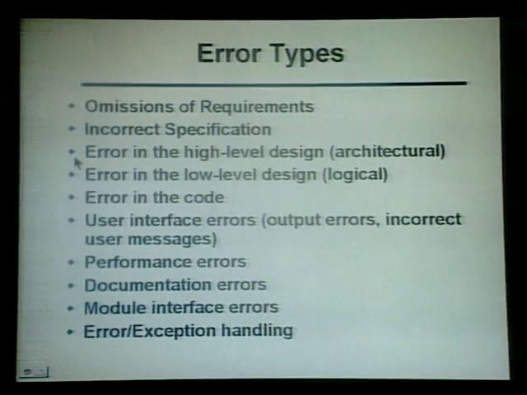Then there might be errors in the high-level design. For example, our architectural design might not be accurate. The errors in the low-level design, such as logical errors. Then your code may also have some errors. The errors might be syntax or semantic errors, which need to be removed.